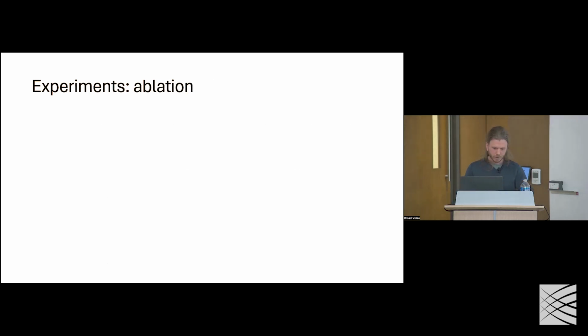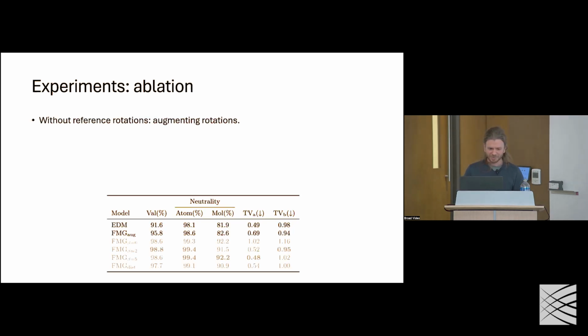Okay, now we briefly show some ablations. So some of the design choices that make our performance competitive. We first look at removing the reference rotations, which have been presented as a way of mitigating the lack of rotational invariance problems.